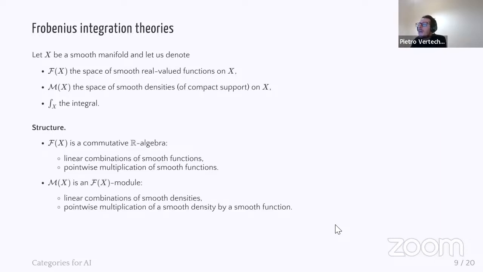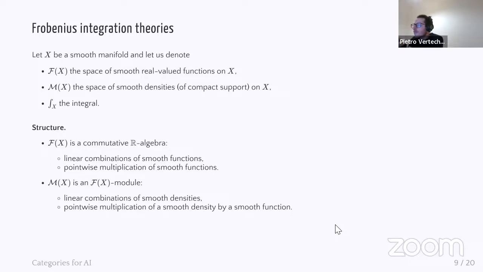And similarly, M(X) also has some structure. In particular, it is a module for the algebra F(X). And again, for those who are not familiar, it means that not only is it a vector space, so I can linearly combine smooth densities, but I can also multiply a smooth density by a smooth function, and I get again a smooth density.